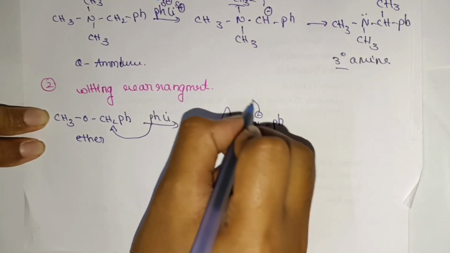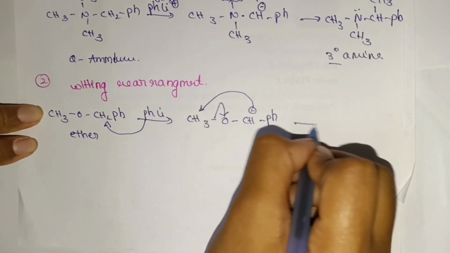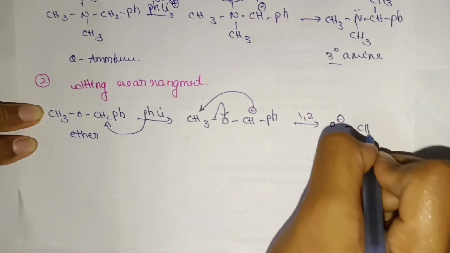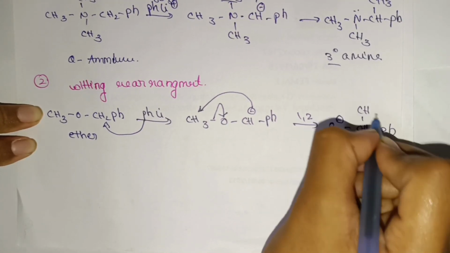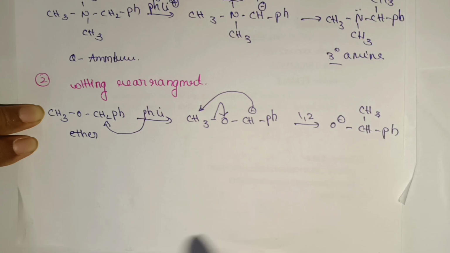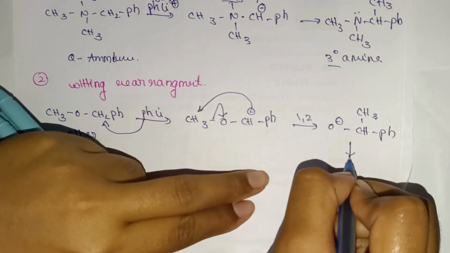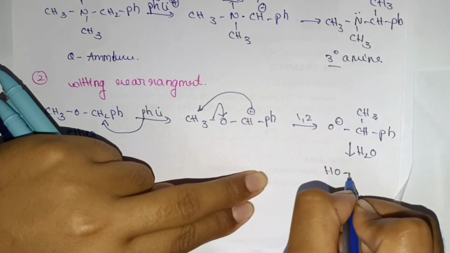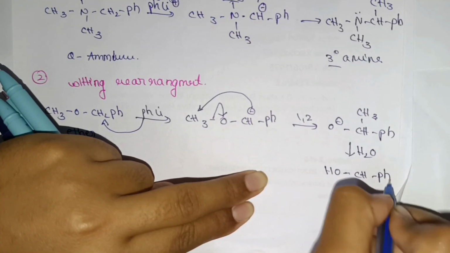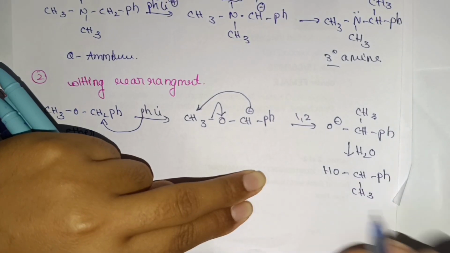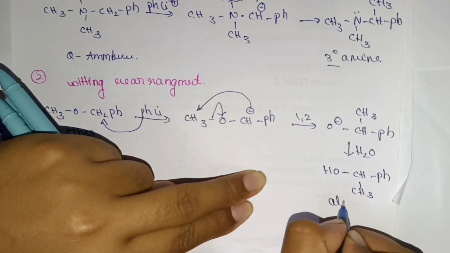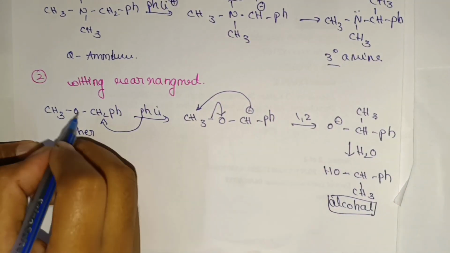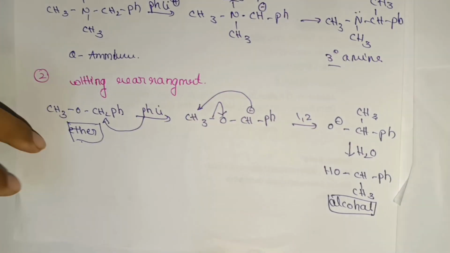This is a 1,2 rearrangement. Here a negative charge is there. Finally with water, it forms like this. This is an alcohol. Ethers to alcohol. This rearrangement is Wittig rearrangement.